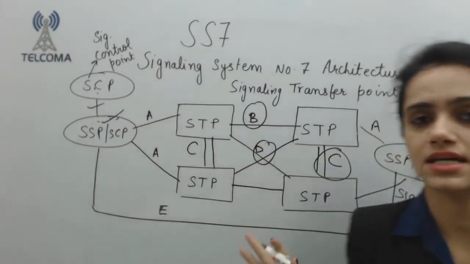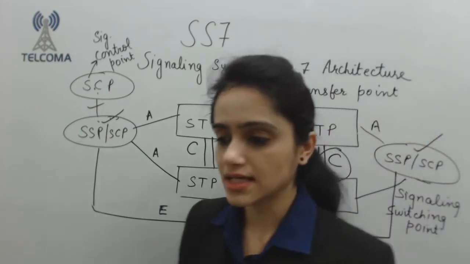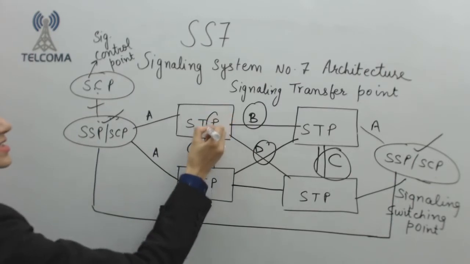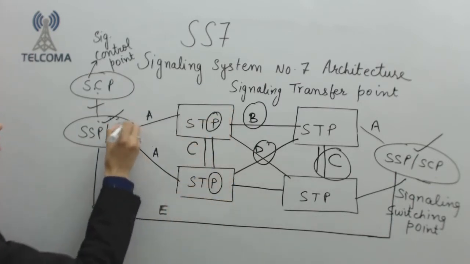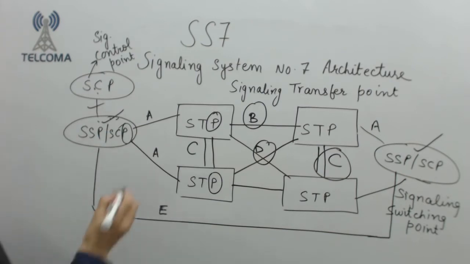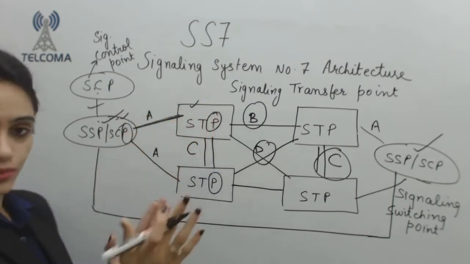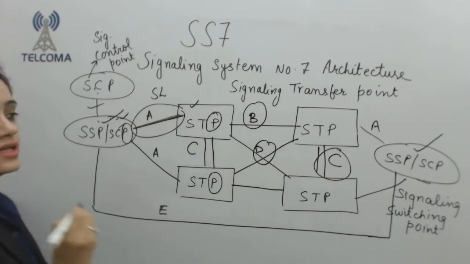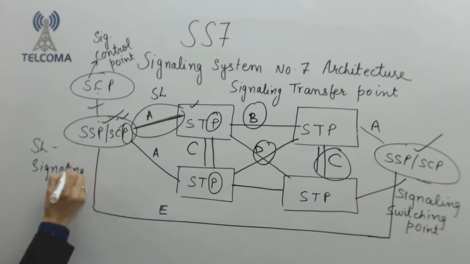So first of all, let's understand what a link is. A link is the interconnection between various points of the network. As there is a transfer point, we also have a control point. The link which connects points of a network is known as SL, where SL stands for signaling link.